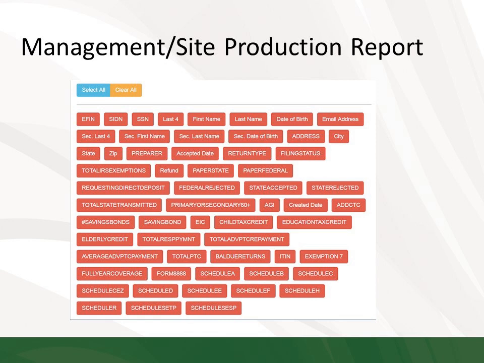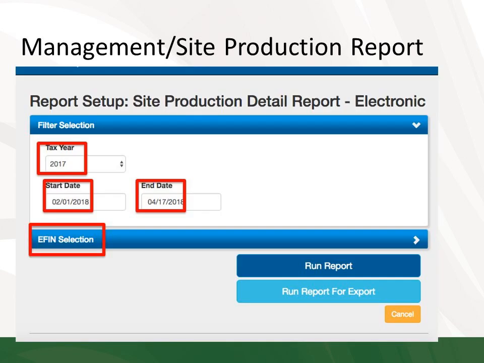We do have one question about how to get data from a prior year. If we go back a couple of slides, you'll see that there is the tax year option. You can scroll that down, and I believe just 16 and 17 are the options currently. You can get 2016, which prior to that we were on TaxWise anyways.